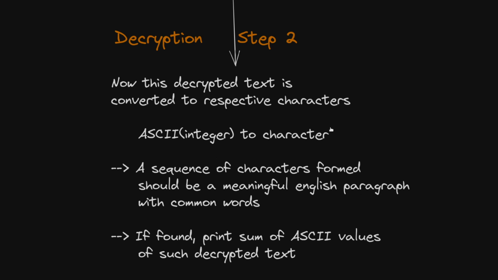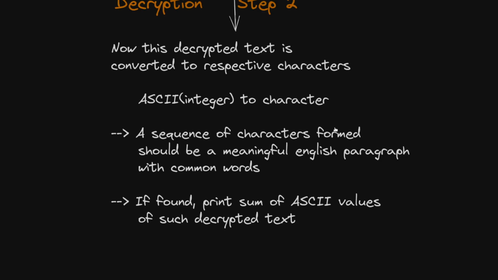So after converting each integer to character, we arrive at a sequence of ASCII characters, and we can verify whether this sequence contains some common English words like the, and so on. If found, we can simply print the ASCII values of such decrypted text.